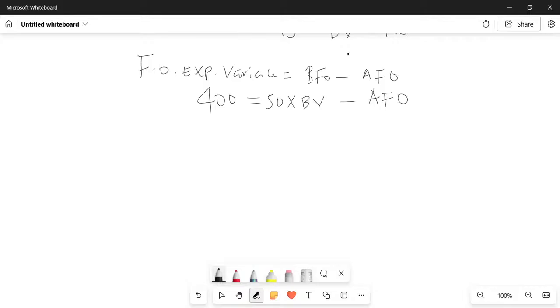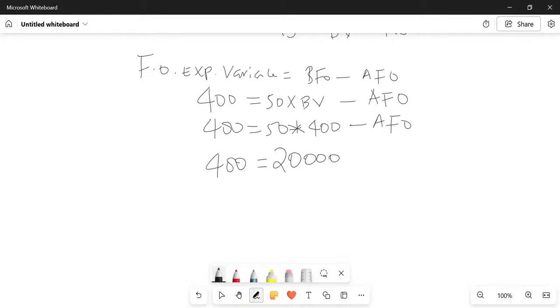All right. Fortunately, we happen to be having budgeted volume that you have just computed. Ambayo ilikuwa ngapi somebody? Was it 400? Yeah. Minus this AFO. So this will be 400 equals, what is 50 times 400? 20,000. Very good.